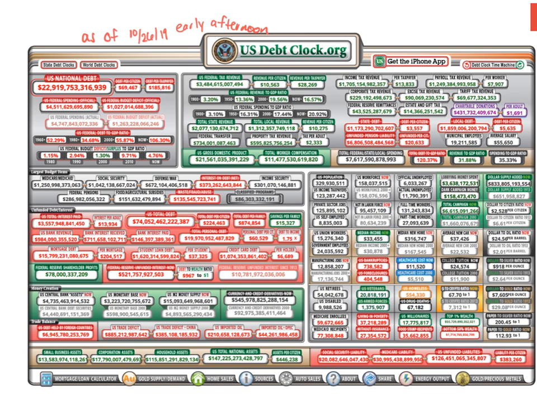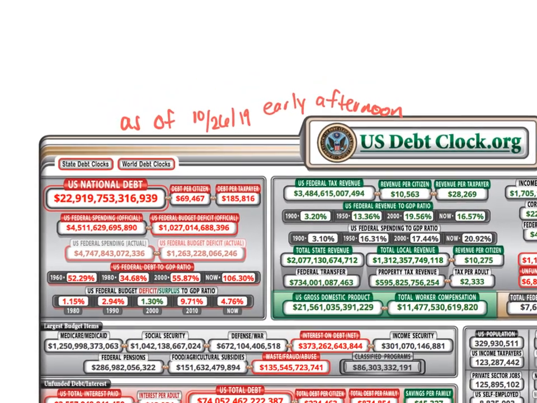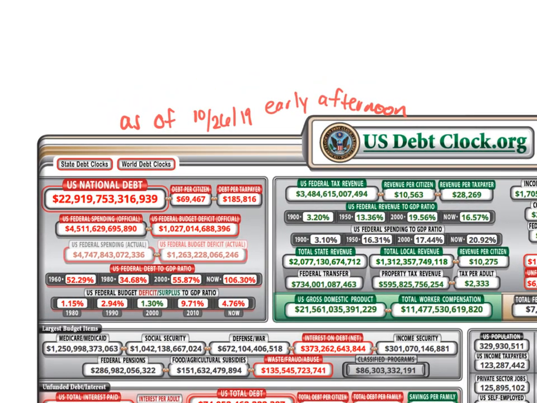So if you go to that website now, it'll probably look a little different. But let's zoom in on the revenue and spending. So you can see that our national debt is $22.9 trillion.